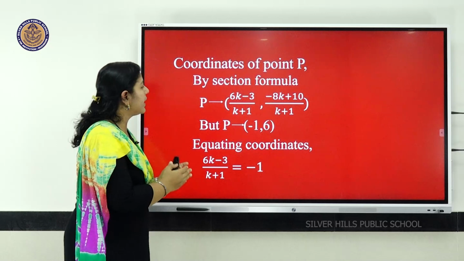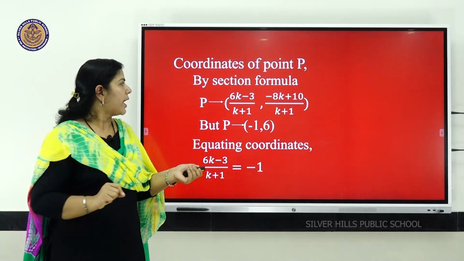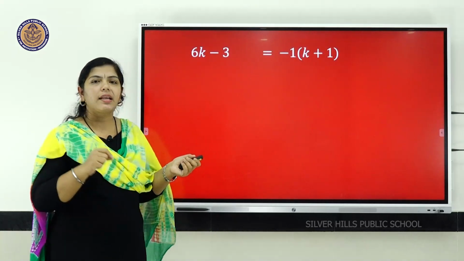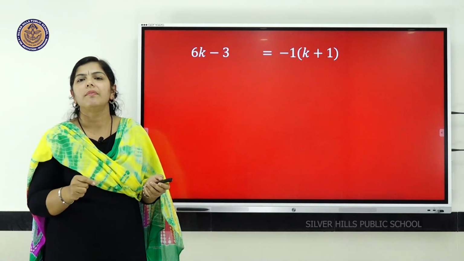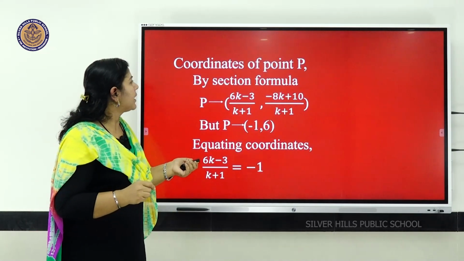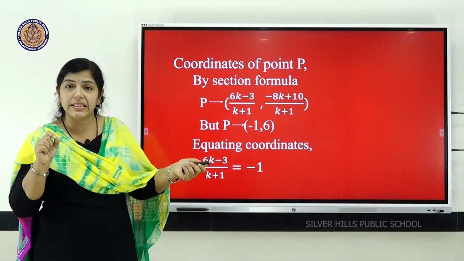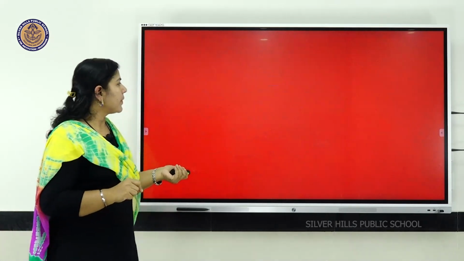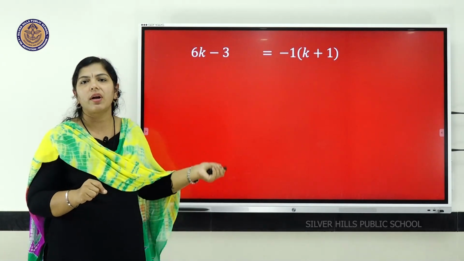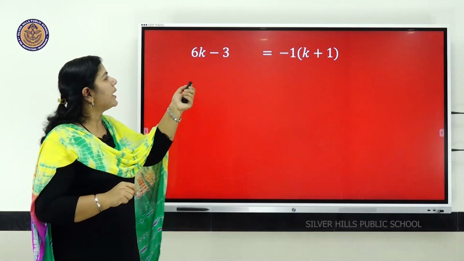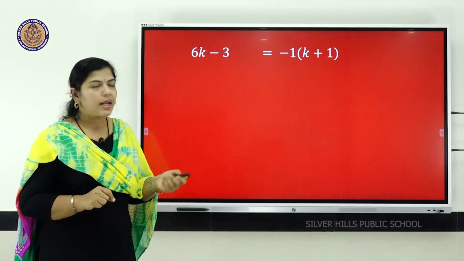So, (6k minus 3) by (k plus 1) can be written as minus 1, and also (minus 8k plus 10) by (k plus 1) can be written as 6. Okay, it is not 1, 6. So, let us see, when we equate the coordinates, cross multiplying the x coordinate we get 6k minus 3 equal to minus 1 into (k plus 1).